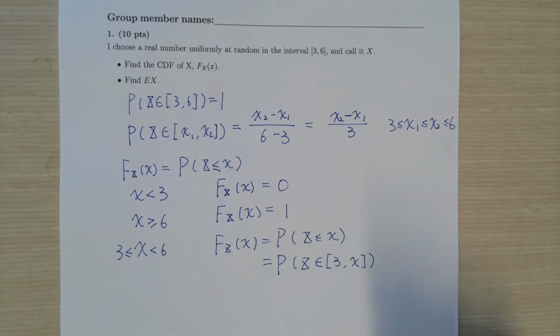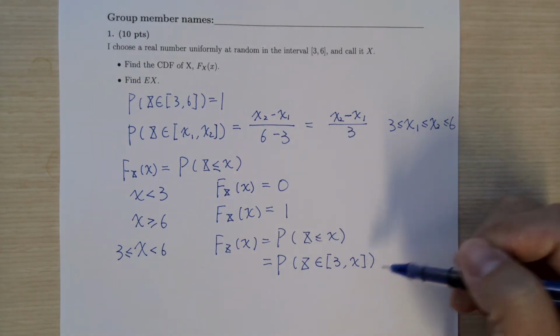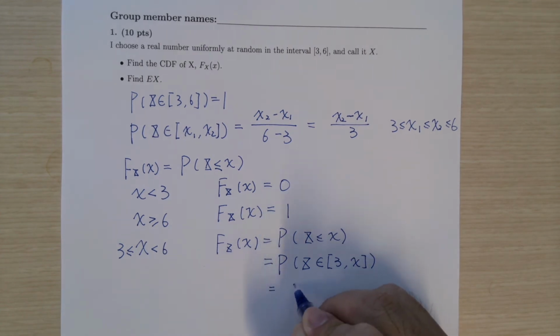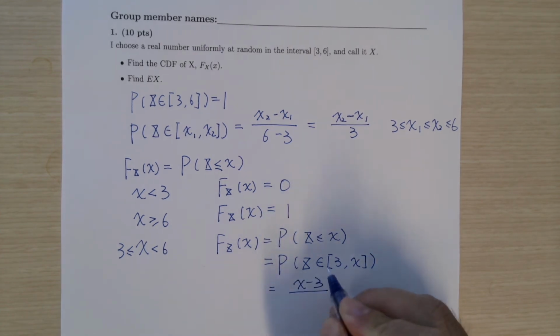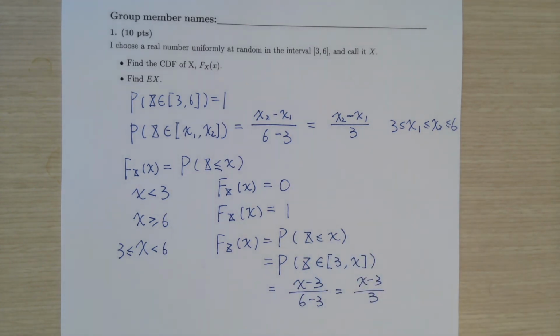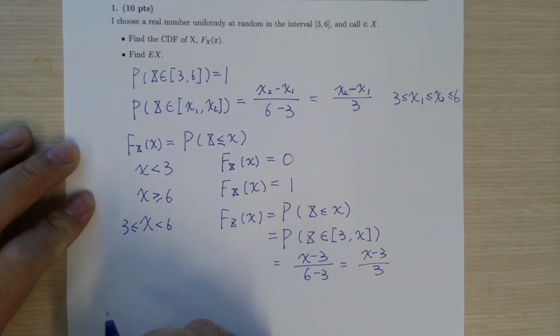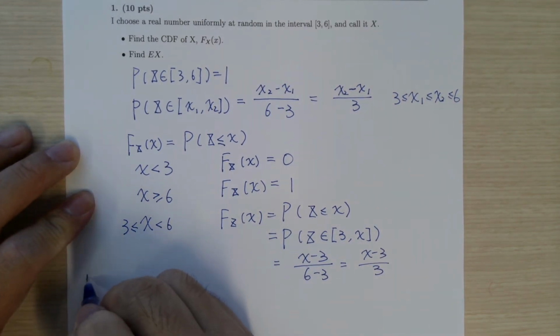Since that probability is proportional to its length, it's going to be (x minus 3) over (6 minus 3), which gives us (x minus 3) over 3. So easily we can write down the CDF.